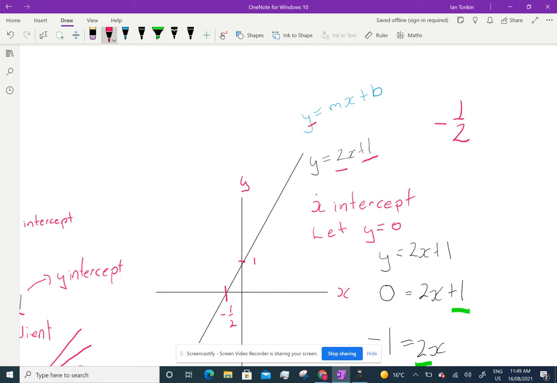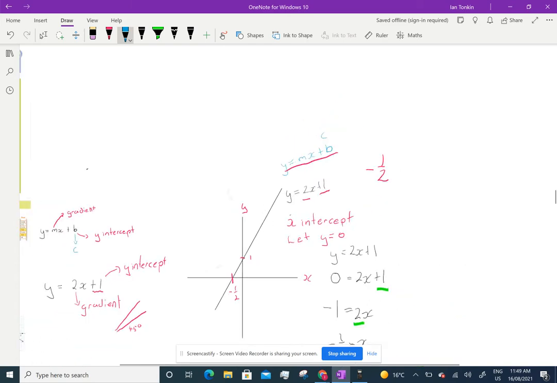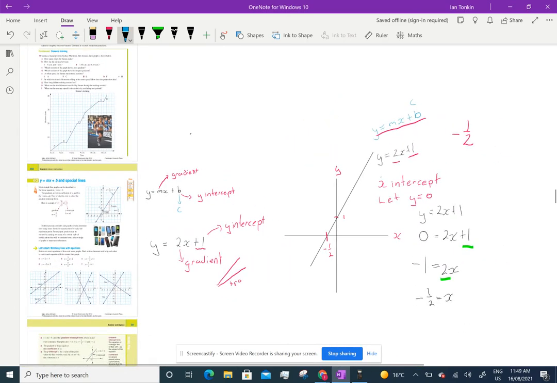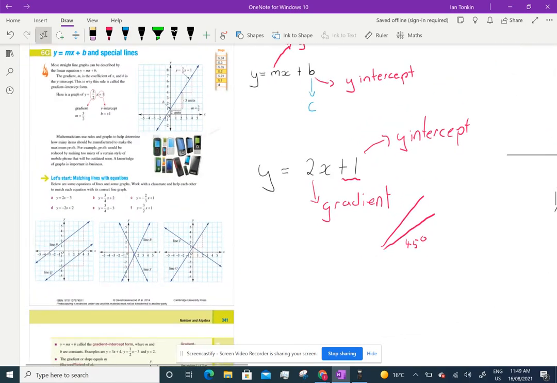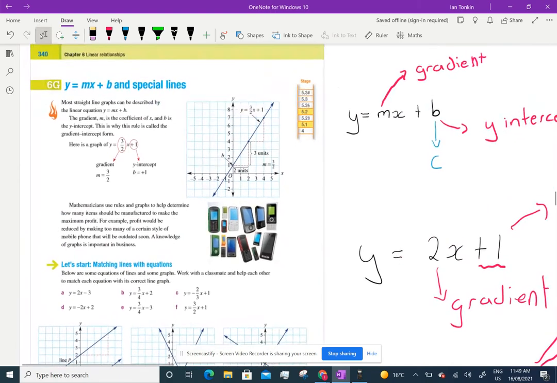But it must be written in the form y equals something x plus something. You should be getting used to referring to that as a c. I'm going to refer to that as a c from now on because that's the way we do it in senior mathematics. As you can see here, they've done the same thing. It doesn't matter what is in front of that x, as long as it's y equals.